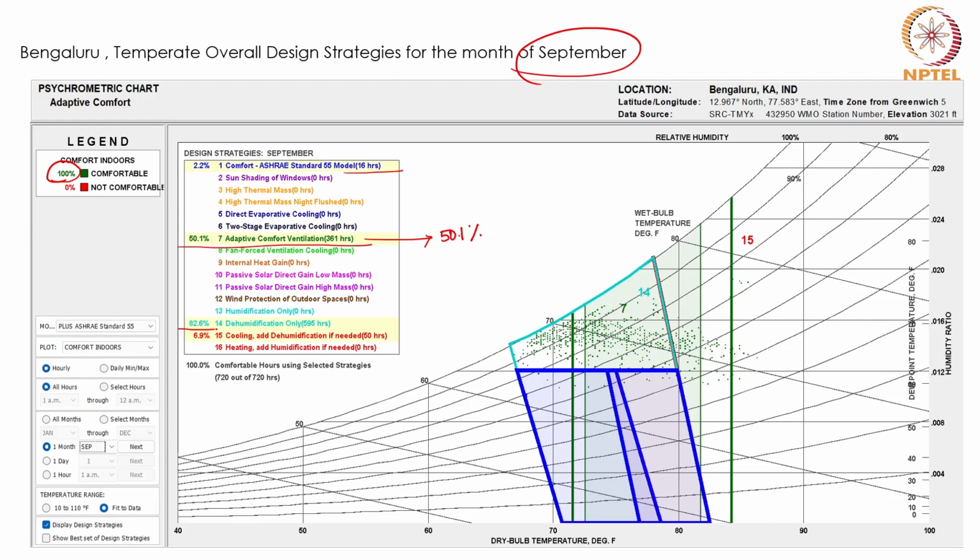Then using dehumidification can shift 595 hours as comfortable. So, air conditioning is actually needed only for 50 hours out of 720 hours for the month of September, thereby making 100% of the hours comfortable.